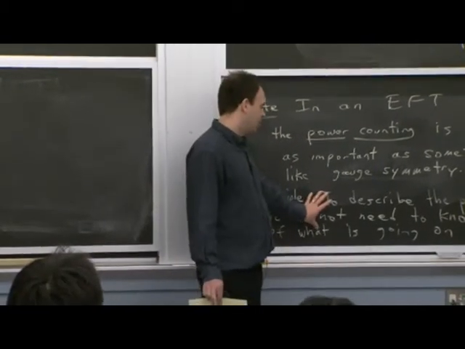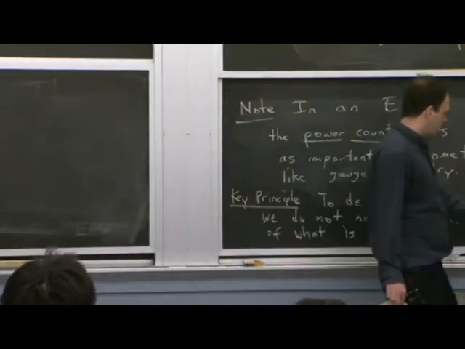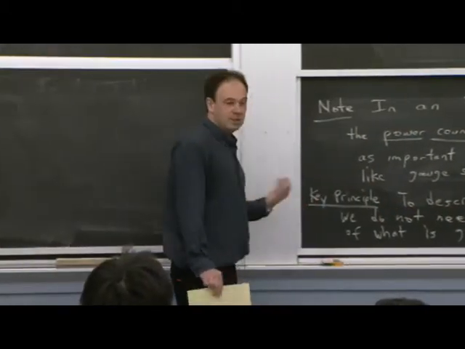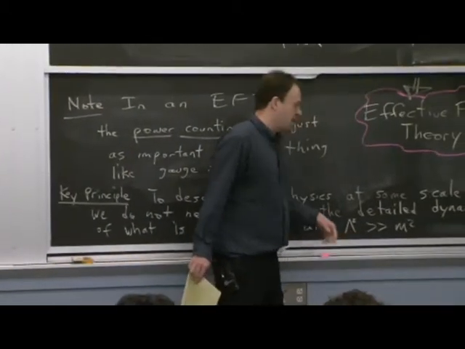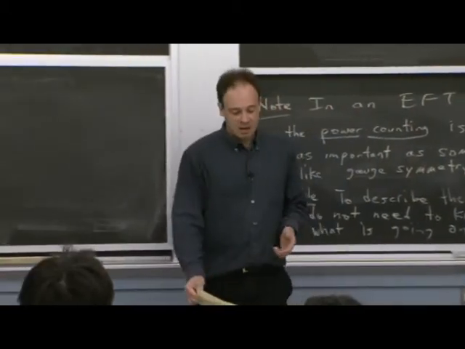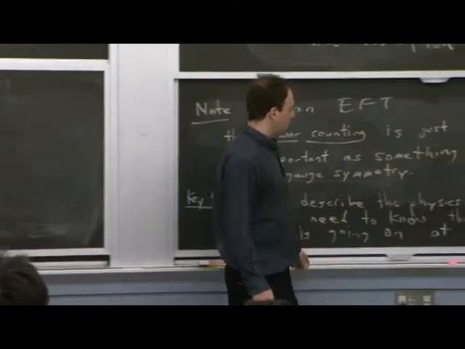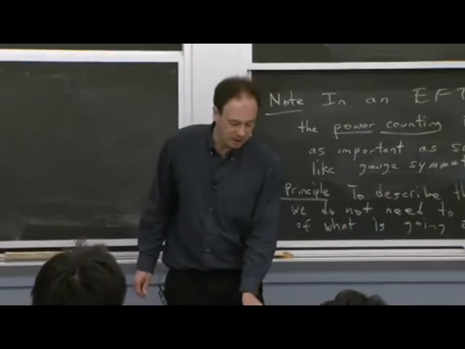We'll be talking about cases where the power counting is in situations that are not simply m squared much less than lambda squared, but other things, dimensionless parameters. So sometimes it will become more complicated, but still this guiding principle that there's physics that's far away in some sense from the physics that you're interested in, that it can be removed from the theory when you're just talking about it.